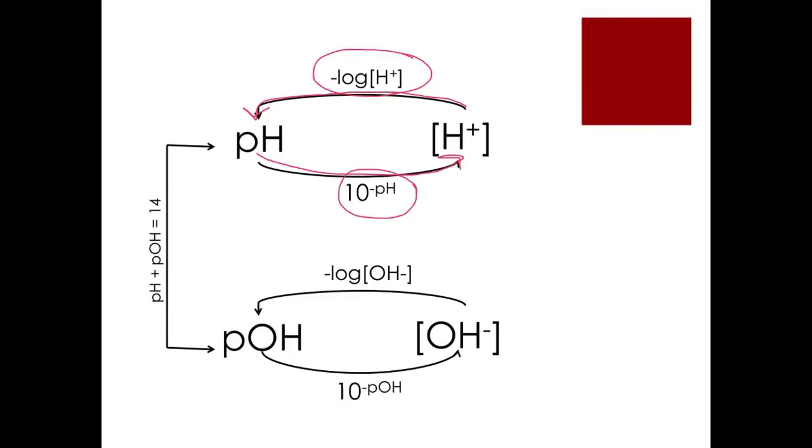Likewise for OH minus concentration. pOH is negative log of the OH minus concentration, and pOH to OH minus concentration is 10 to the negative pOH. And finally, you can always get back and forth between pH and pOH by subtracting from 14.